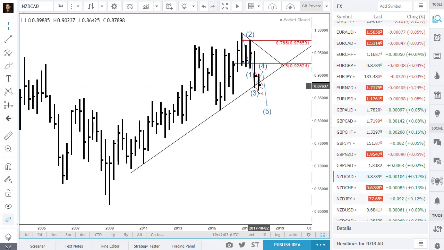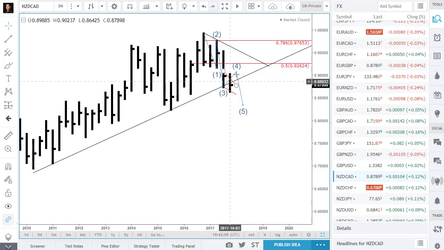It'll shake people out by pushing beyond the trend line, and then all of a sudden it'll reverse. It'll turn back around and then go back to the upside, and that's kind of what I'm expecting here. This move right here has been nothing but a shakeout in that you had this drive down, bounce, push back down, and now we're going to start to work our way up, if this is a fake out, which is pretty much what I'm anticipating.